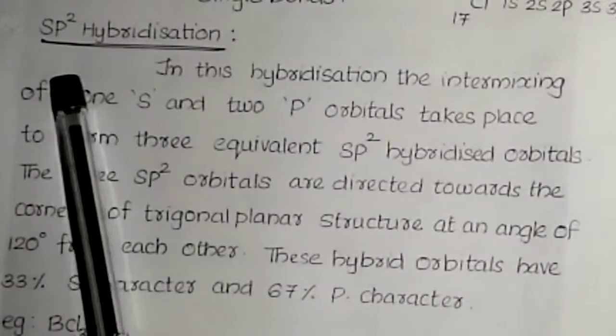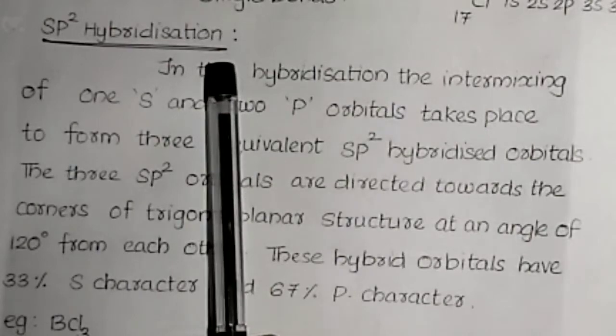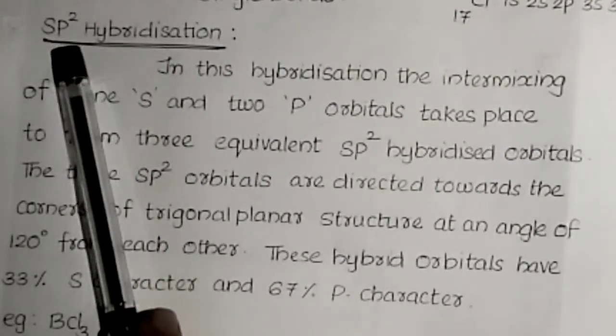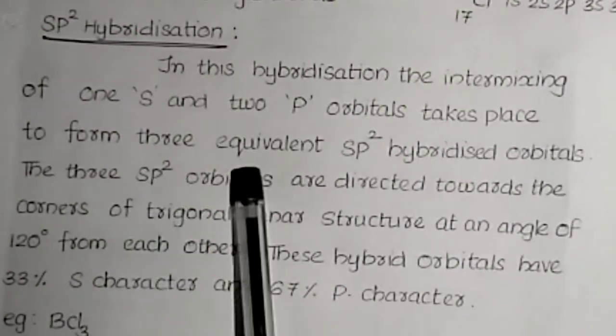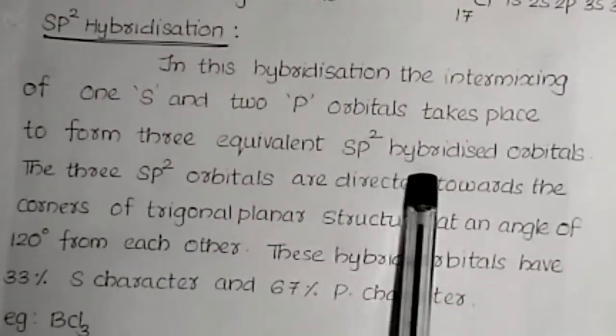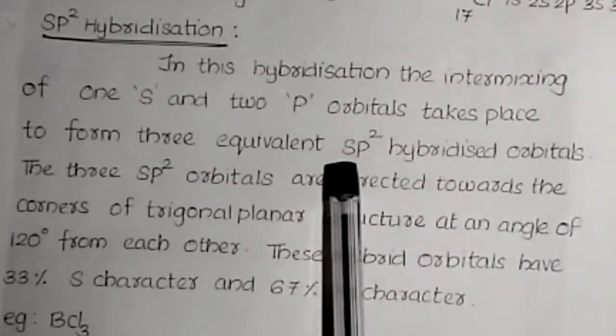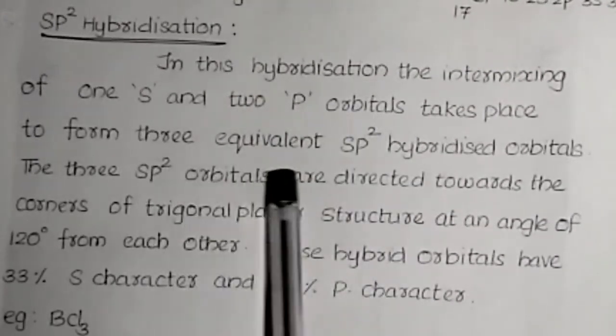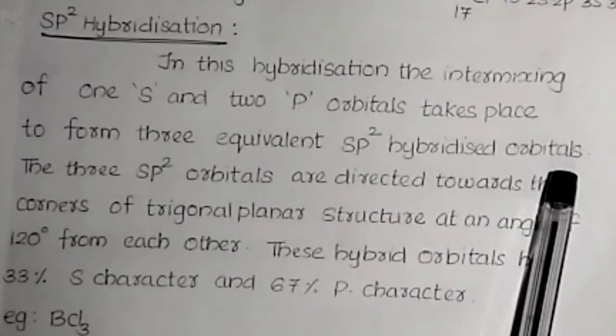Next one is sp2 hybridization. From this we can say one s and two p orbitals are mixed up to form 3 equivalent sp2 hybridized orbitals, because 1 s and 2 p, total 1 plus 2, is 3.